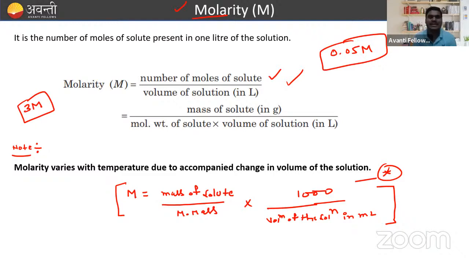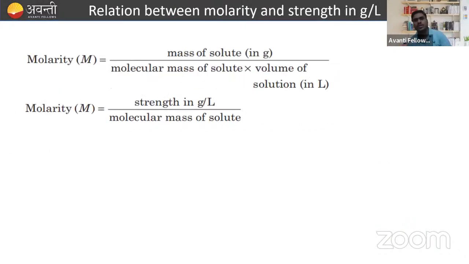So this is how you can calculate molarity, that is capital M. Molarity varies with temperature due to the accompanying change in the volume of the solution. So we can say that this is a temperature dependent quantity. Now, what is the relationship between molarity and strength in gram per liter?